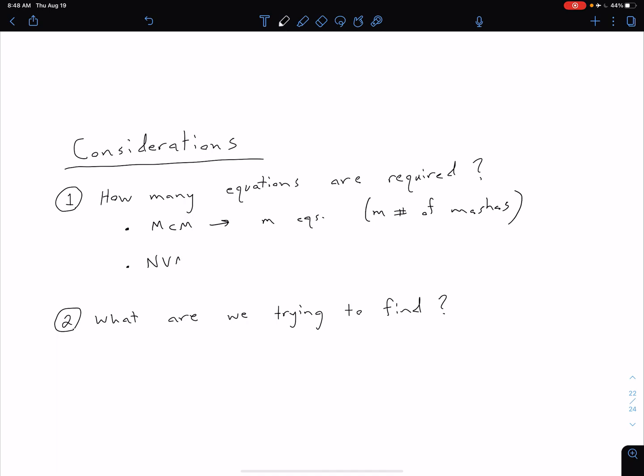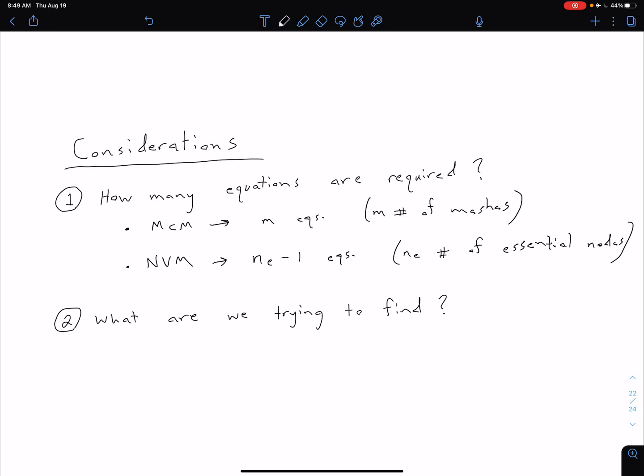For our node voltage method, we know we're going to need N sub E minus 1 equations, where again, to be explicit, N sub E is the number of essential nodes. So maybe in a particular circuit, we're going to need significantly fewer equations with our node voltage method, so that makes that a more attractive option.